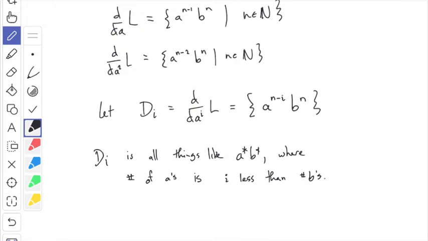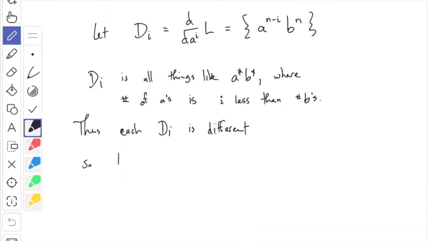I don't think there's a better way to say it, but the number of a's is i less than the number of b's, all right? Thus, each d_i is different, right? It's not like somehow d_2 is the same as d_4 or whatever. No, they're all different because for each different value of i, I'm describing a different set here. And so L has infinitely many derivatives. So L is not regular.